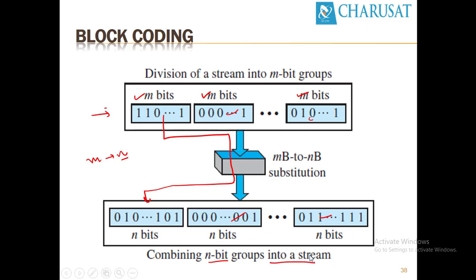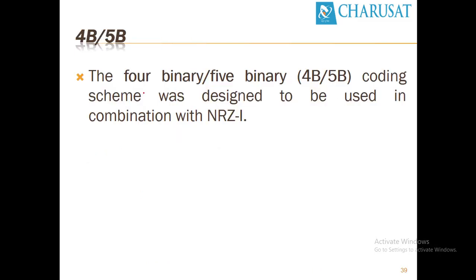This block coding method will not work alone. We need to use one of the line encoding methods we have seen along with block coding. Block coding substitutes m bits with n bits, and after that we have to use a line encoding method. This is an example of block coding where 4 binary bits are converted to 5 binary patterns.